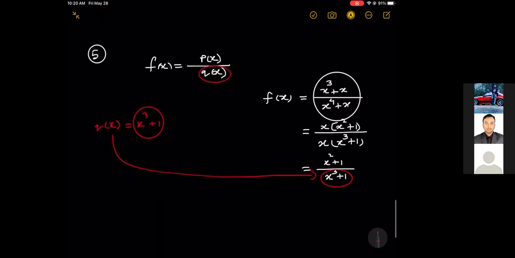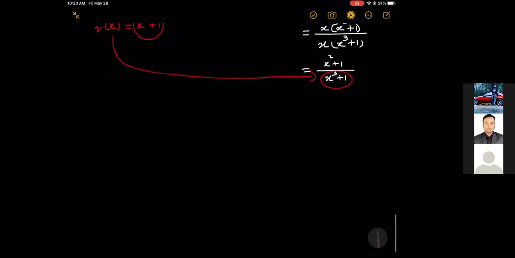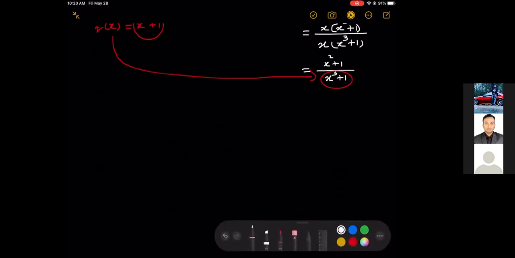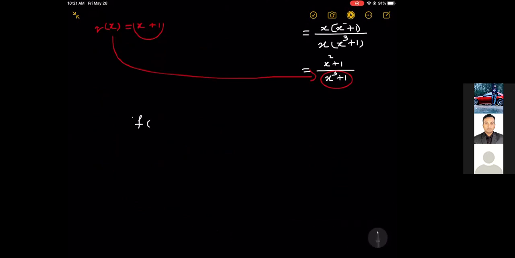All right, so let's try one example. Let's try this example. f of x equals, let's say, x over x squared minus 1.